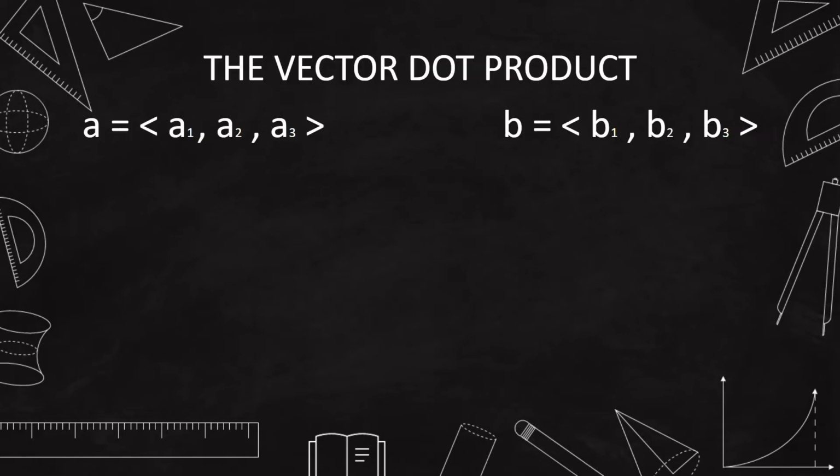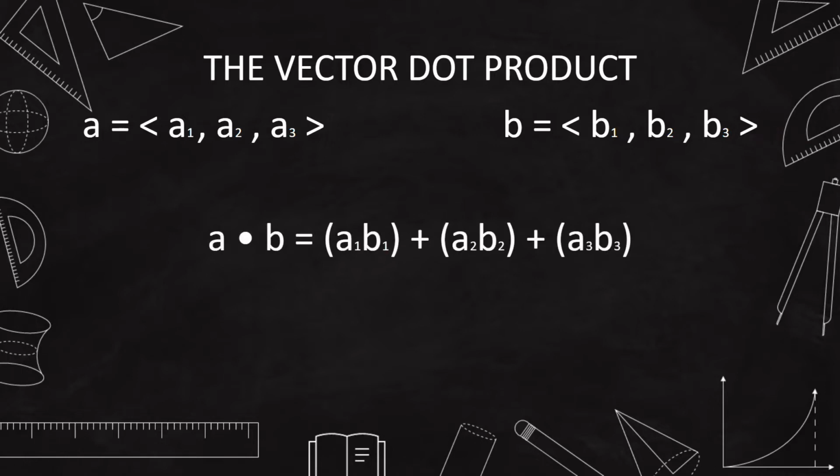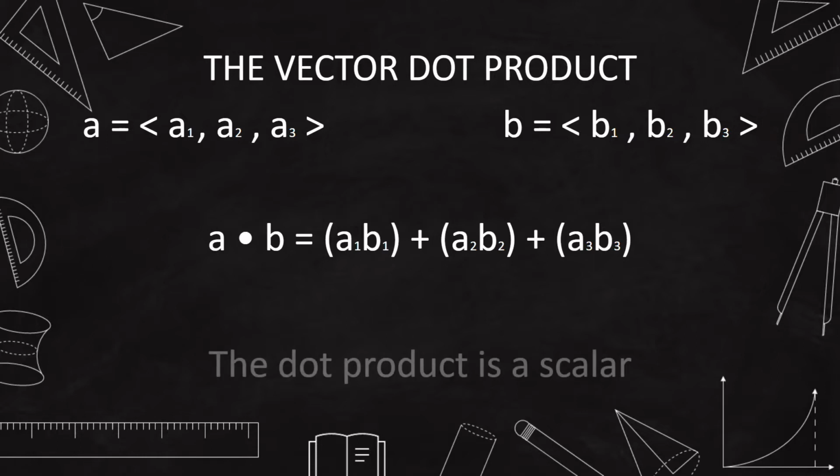The dot product is fairly intuitive. If we have some vector a with components a1, a2 and a3, and another vector b with components b1, b2 and b3, then its dot product will be denoted as a dot b. This will equal a1 b1 plus a2 b2 plus a3 b3. It is very important to note that this is a scalar product.